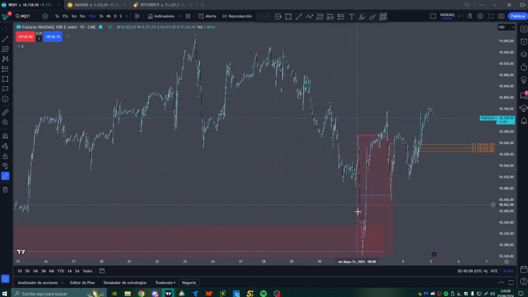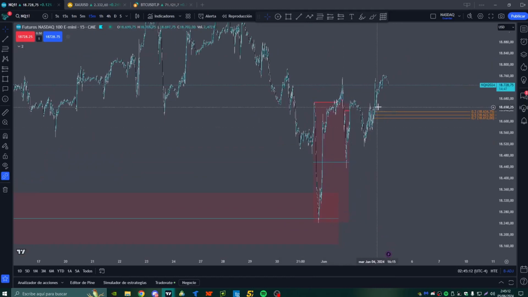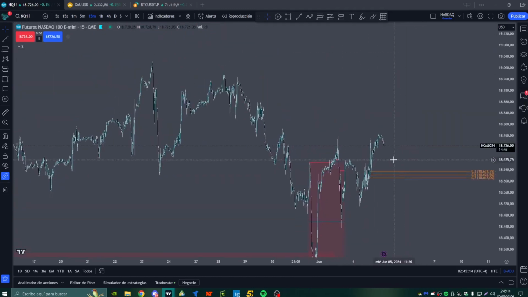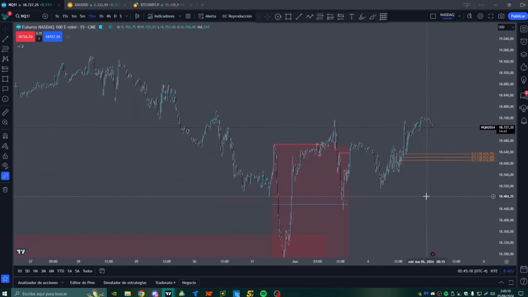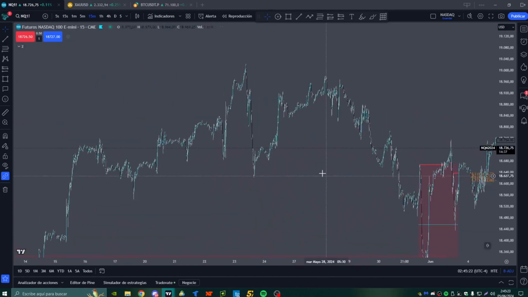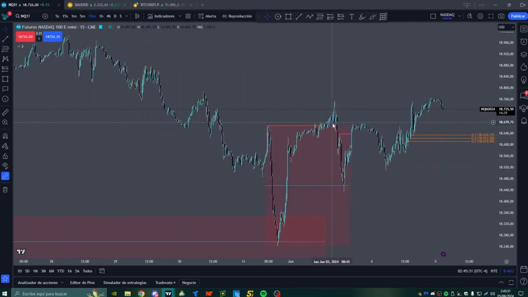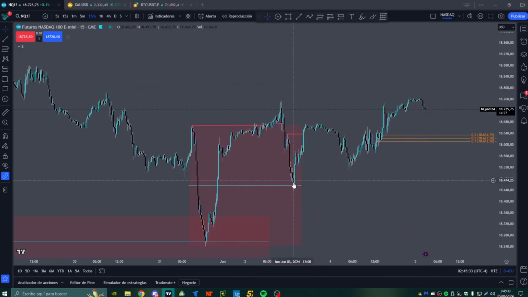Also, we came from days of heavy distribution, and now there was a structural change. Now everything is starting to change that order flow to bullish. So don't expect the market to be doing the same thing every day. All these days during the New York session, we had very strong movements, and then the distribution downwards.